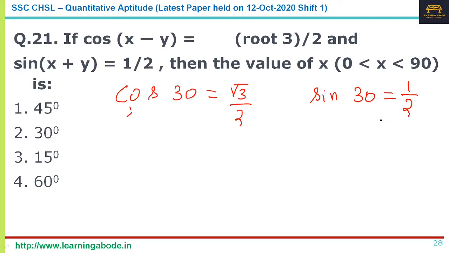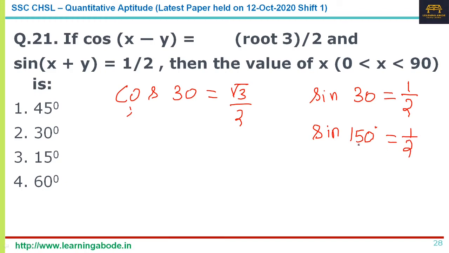Another possibility is that we know 180 minus 30, so sin 150 is also half.